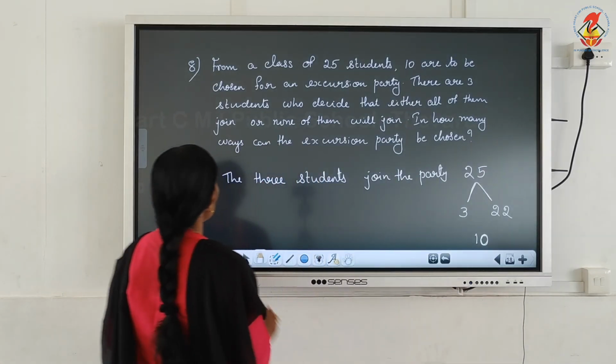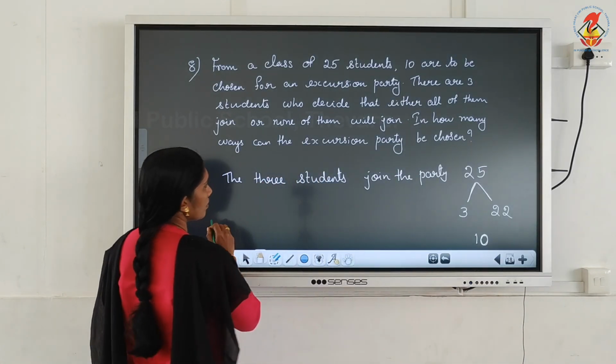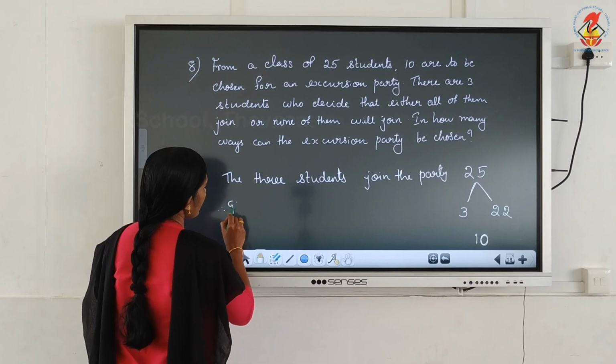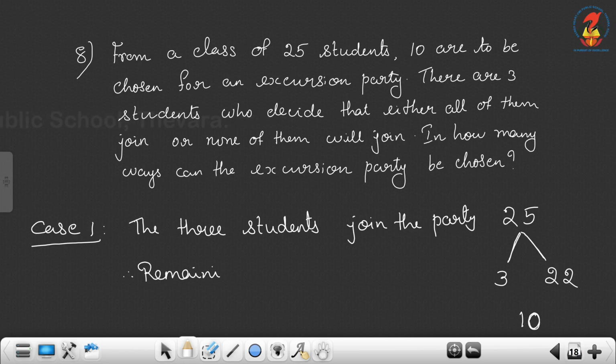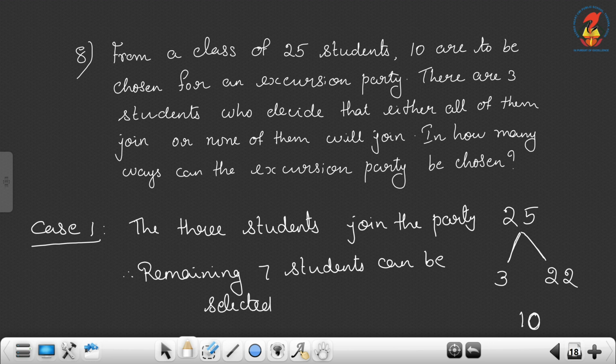So selecting 7, therefore the remaining 7 students can be selected in how many ways? In 22C7 ways.